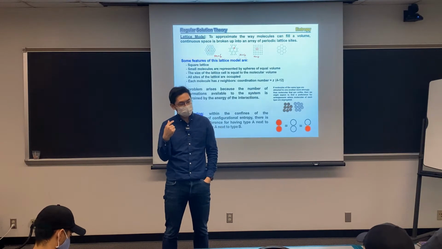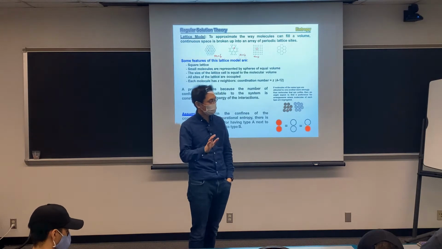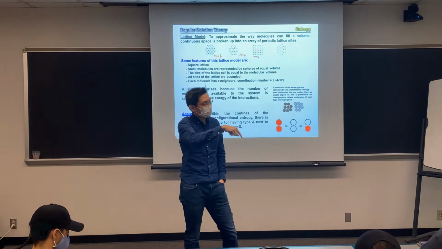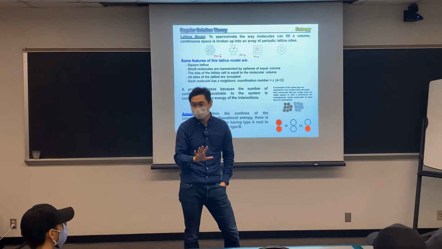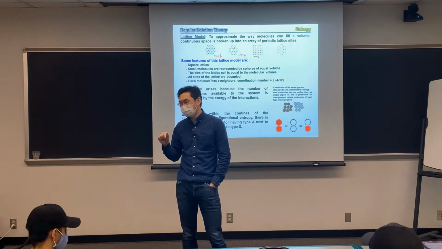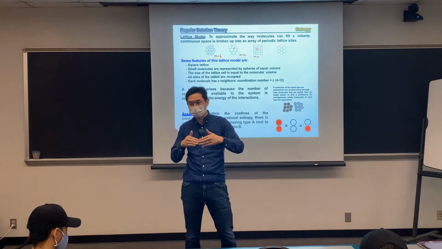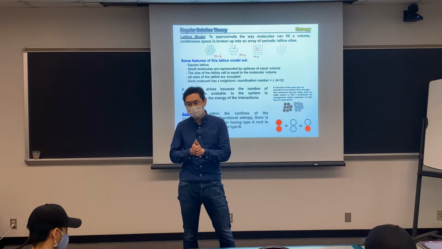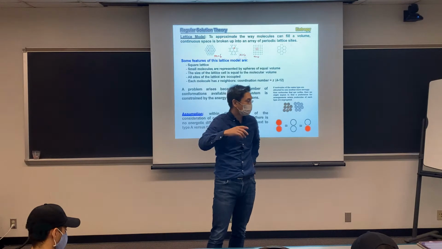If you look around, the whole classroom has maybe 16 students. Some of them are not here today, but you look at your closest neighbors, you should have about 4. That's a square lattice. Your number 5, 6, 7, 8 neighbors are going to be a little bit away because you're going in diagonal, right? Your closest neighbors should be your left, right, front, and back.